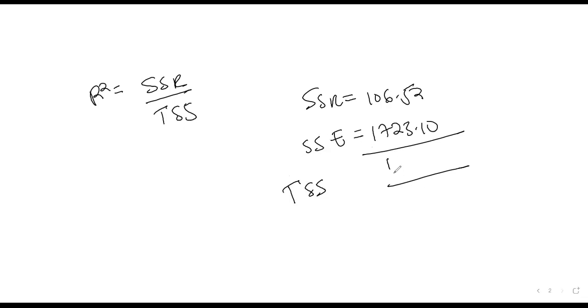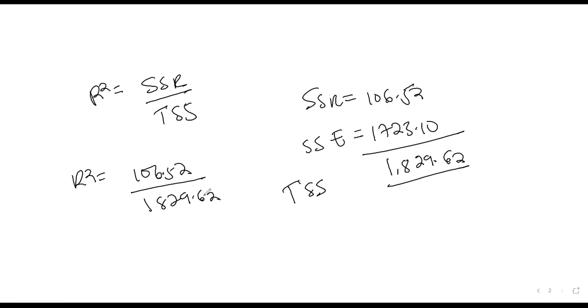So that will give us 1829.62. All right. So that is the total sum of squared. So if you want to find the R squared, it is sum of square regression 106.52 divided by the total sum of square of 1829.62.